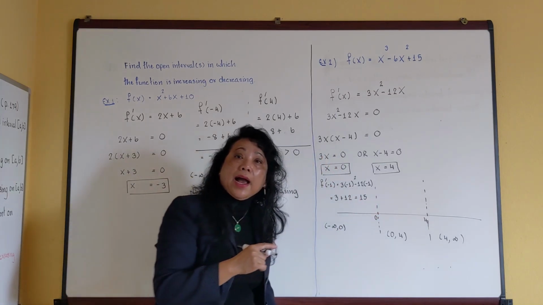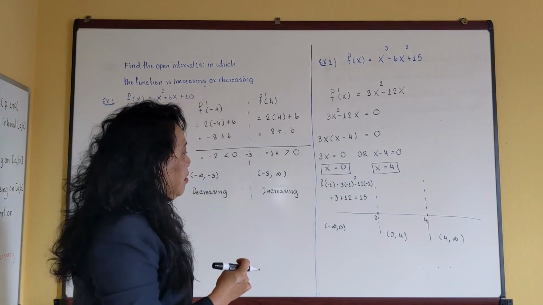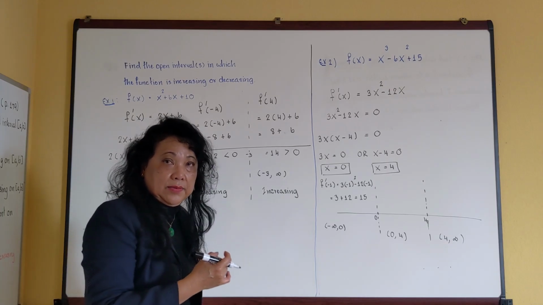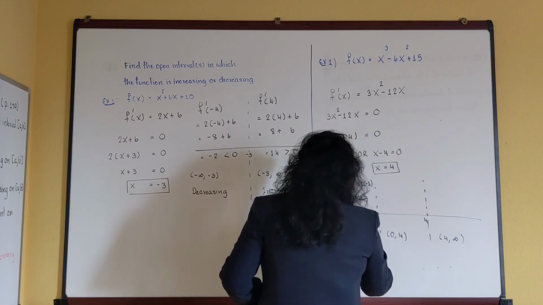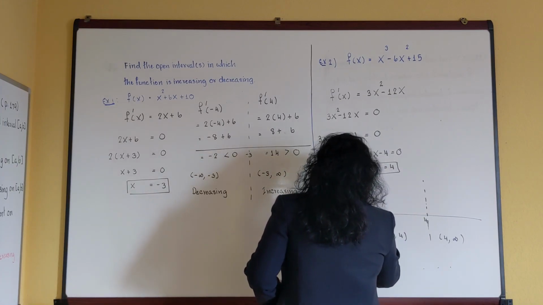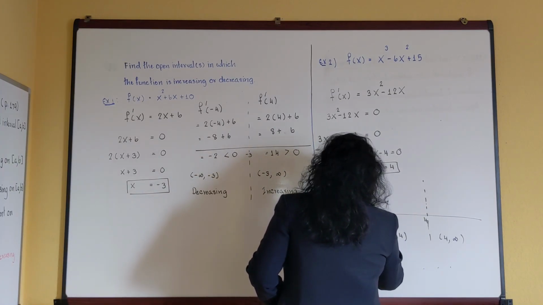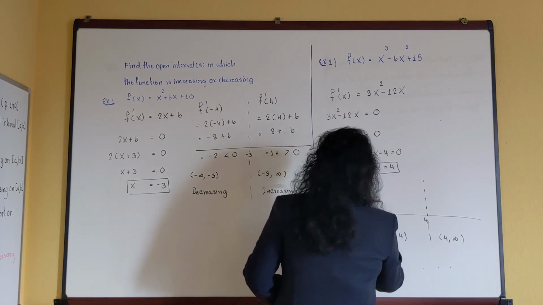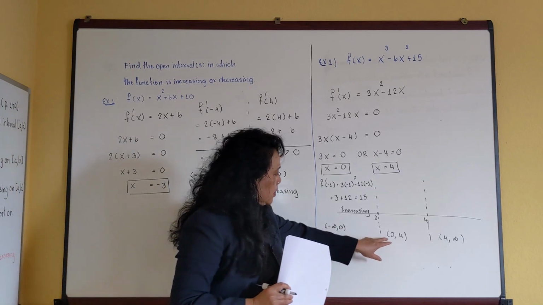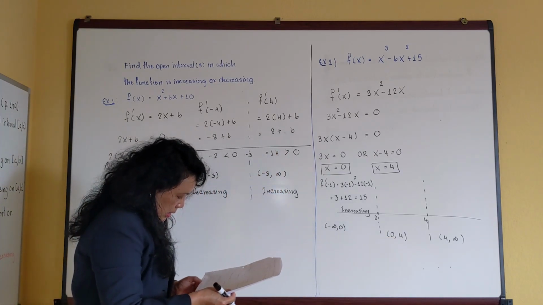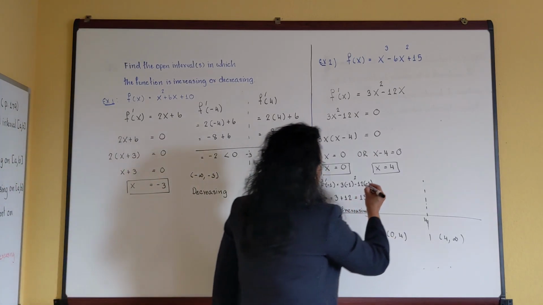Actually, you don't have to solve it all the way. As long as you know it's positive, that's enough. Since 15 is positive, this is increasing. The second interval is between 0 and 4. Let's pick 1.